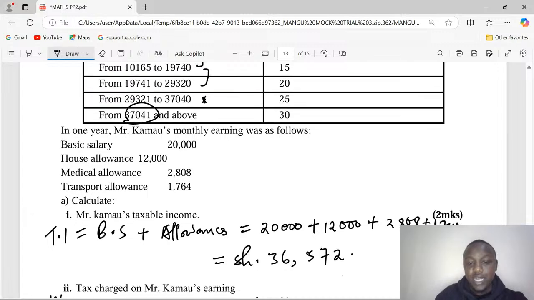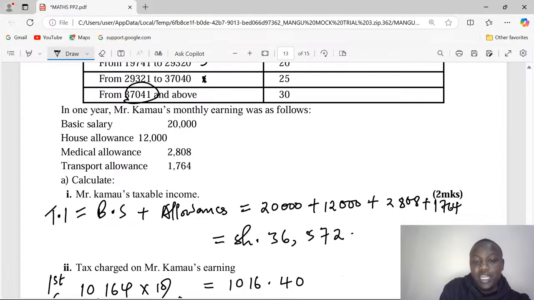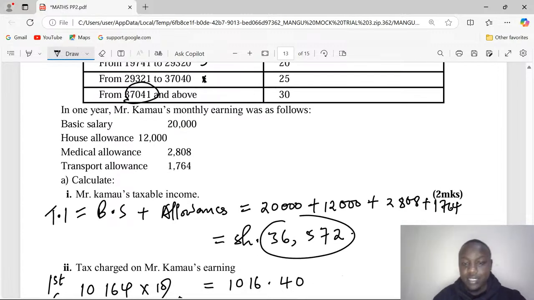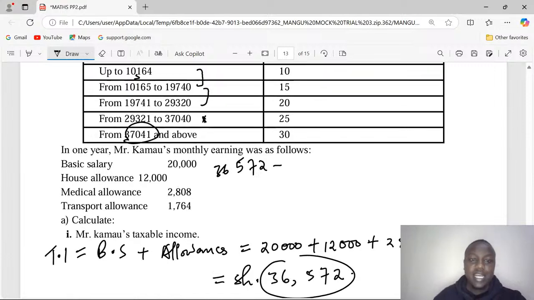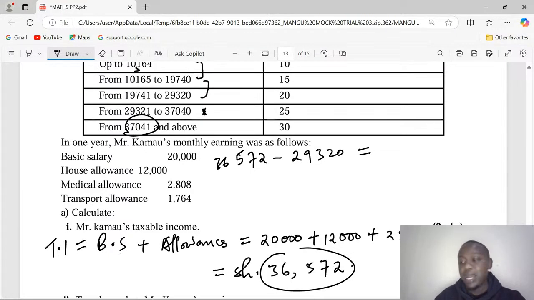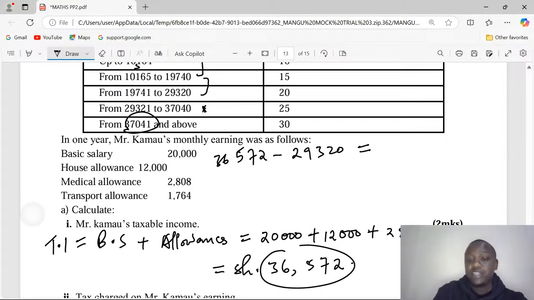So we need to take the total taxable income, 36,572, and we say we have taxed up to 29,320. So the remaining amount now is the one which lies in the fourth band, and this is going to be 7,252.